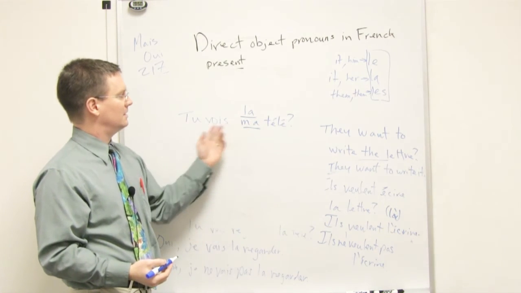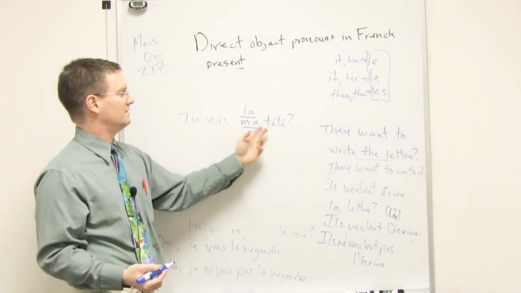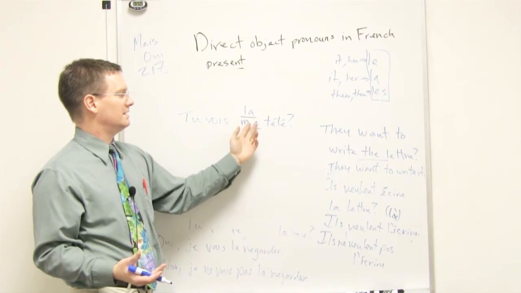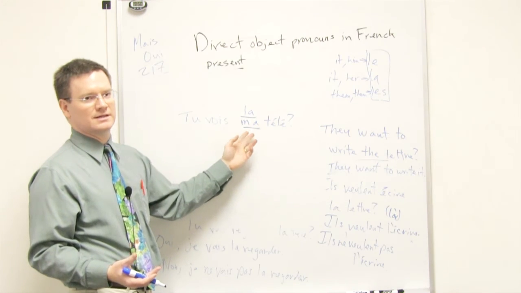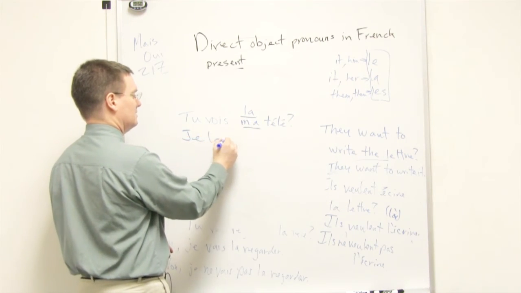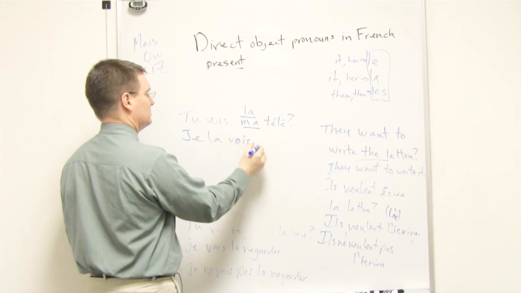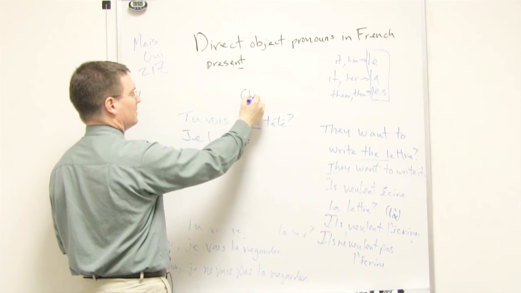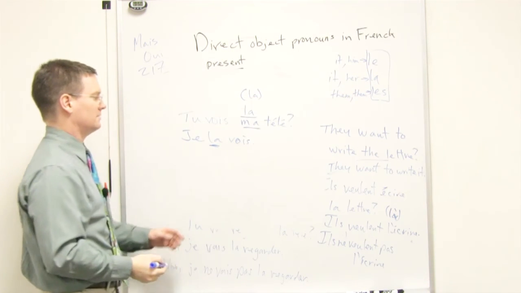Ma is basically, do you see my TV? Do you see the TV? Either one. This is actually a possessive adjective, but still, it's the same idea, and they're still direct. This doesn't count as indirect at all. It still counts as the same thing. So I see it, je la vois. I see it. Either one we count as la when we're trying to replace it with a pronoun.